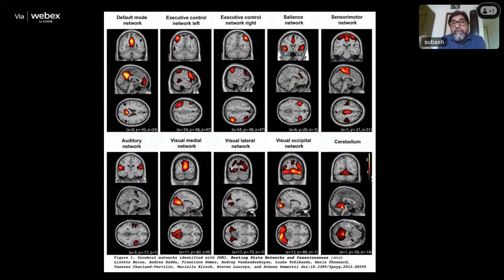One can look at how these functional networks vary when you give training to a particular person.